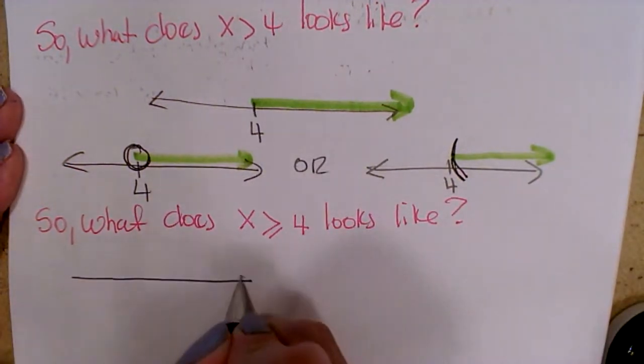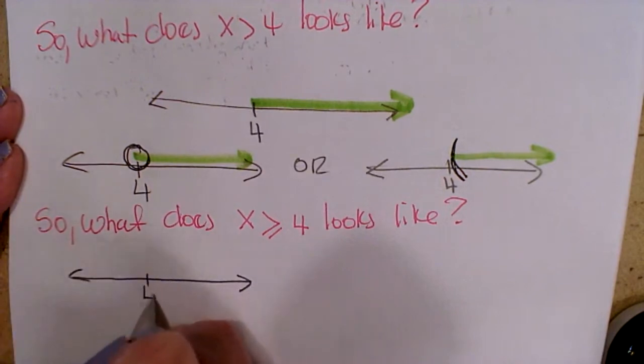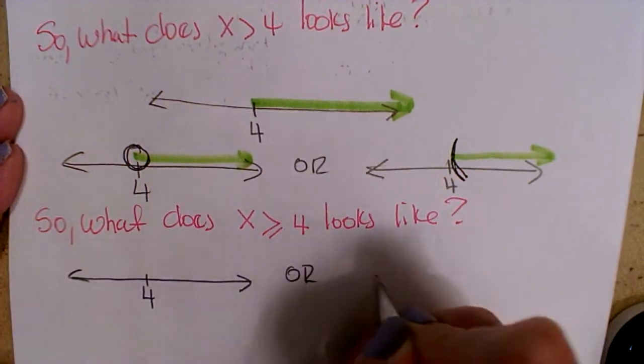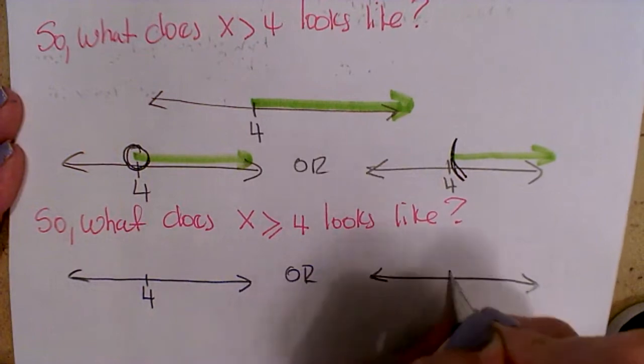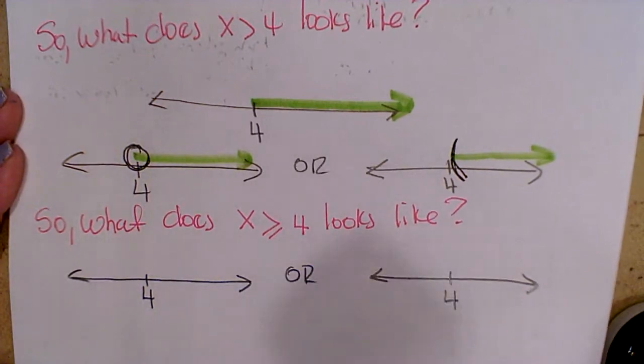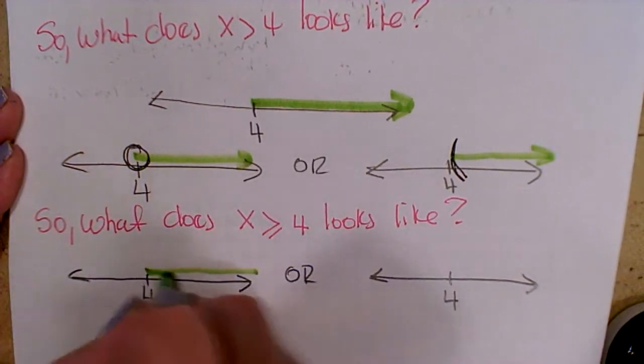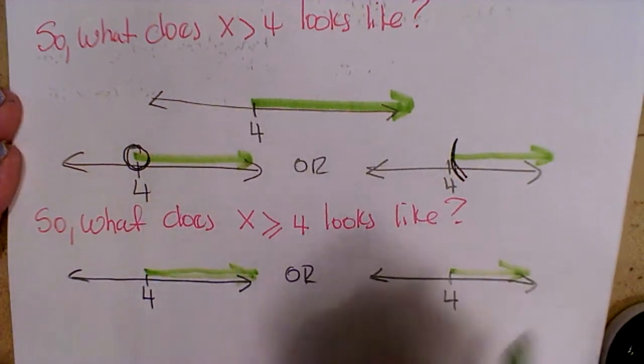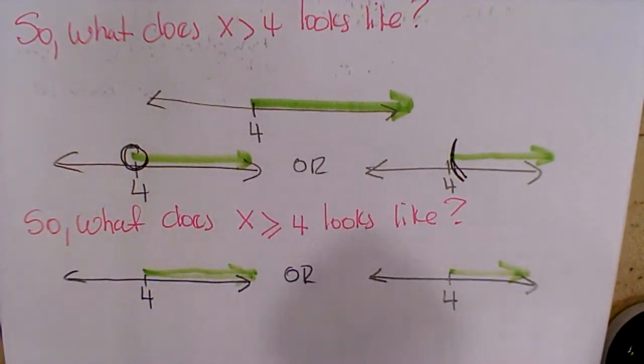And let's do the other one. Right here, what do we do? Again, there are two ways. We have two ways to graphically denote that we include the number 4.